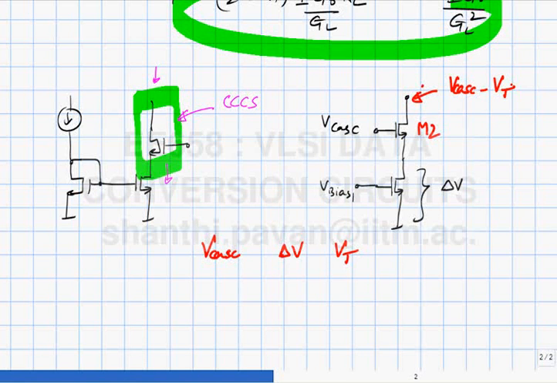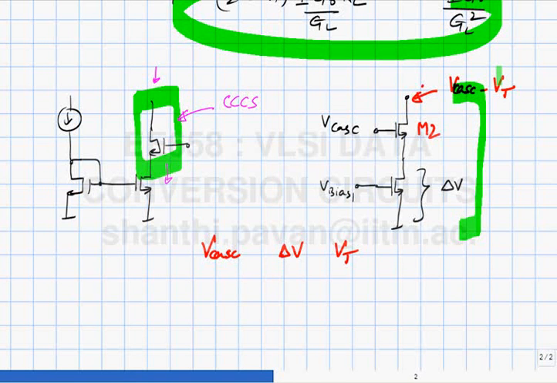And if you want to keep M2 in saturation, you want to make sure that the drain is at least at a potential V cascode minus VT, and that becomes the minimum VDS you require to make this operate like a current source. And you want this minimum voltage to be as small as possible, so that even for a small voltage across the so-called current source, it behaves like one.